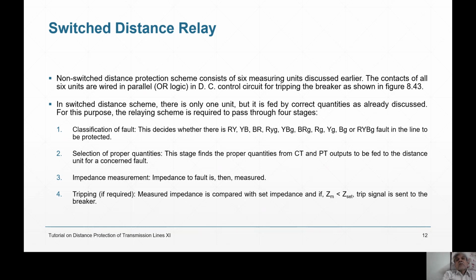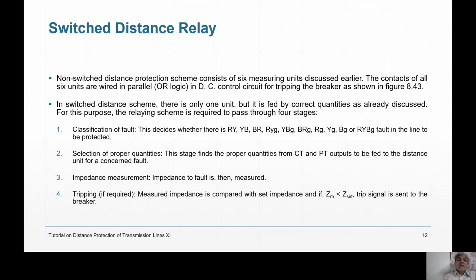Once the fault is classified, you know it is an RY fault, then you will need those quantities. So you have to keep the quantities ready, from your CT and PT. So VRY and IR minus IY you keep ready and feed to the relay. So first you should know that it is an RY fault. Then feed VRY and IR minus IY.